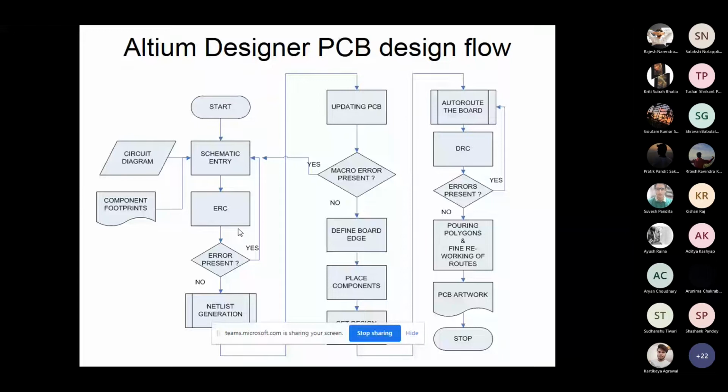The design rules will be dictating what should be the track width or the thickness of the track. Then what should be the constraint distance between a track and a track, a track and a pad, a pad and a pad, and so on and so forth. After you do that, you start with what is called auto routing. Now the most difficult part of the process is automated.